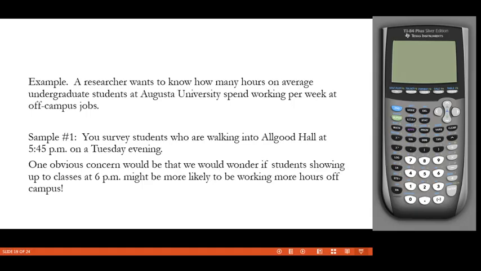And if those students are actually working a full-time job, well, those students are maybe working more hours off campus than the typical run-of-the-mill student. So sample number one, I would have some pretty big concerns about this. And so there's a good chance that this would actually be a biased sample. So these students maybe are not totally representative of the Augusta University population.